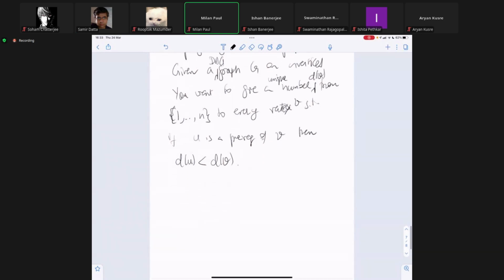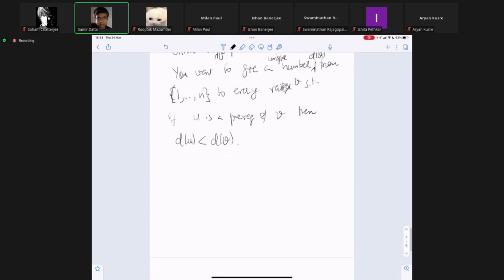Okay. So how would you topologically sort a graph? Like someone suggested, the simplest way is to find a source, meaning a vertex with no prerequisites or predecessors.